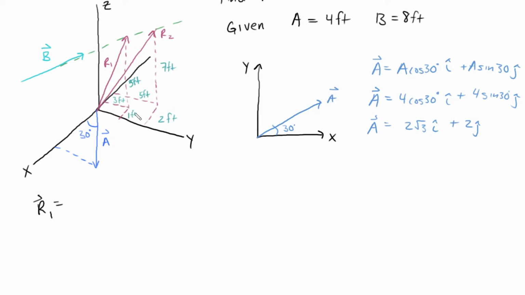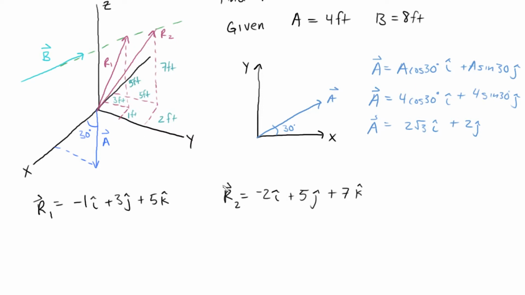So for r1, the negative x direction is this value, 1 foot, so it'll be negative 1i, positive 3j, and then plus 5k. And then r2 is simply the same thing, so negative 2i plus 5j, and then plus 7k.